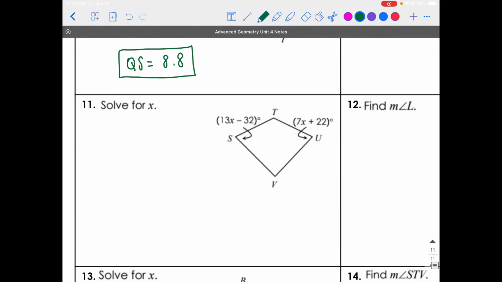All right, number 11. So in this kite, angle S and angle U are congruent. So we can set 13x minus 32 equal to 7x plus 22.